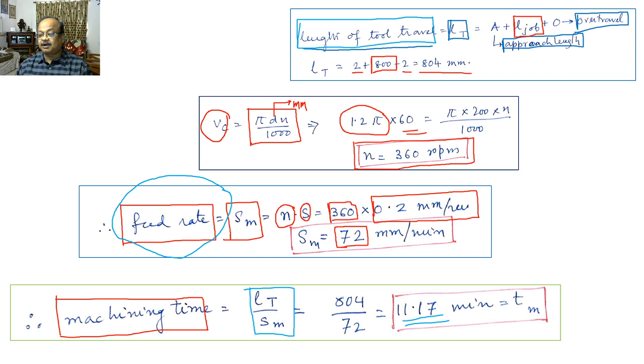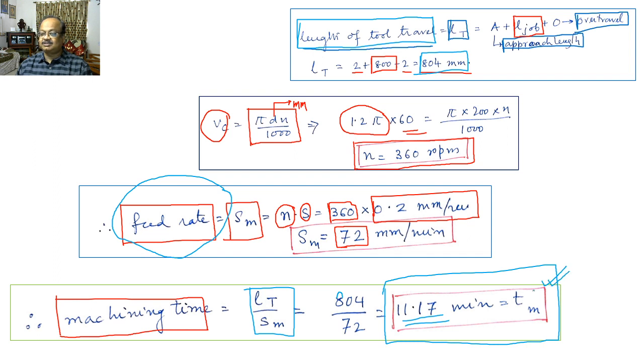This is 804 millimeter tool travel divided by 72. This is 11.17. Is it the cycle time? No. This 11.17 is not the cycle time or time required to produce one part. This is the machining time.